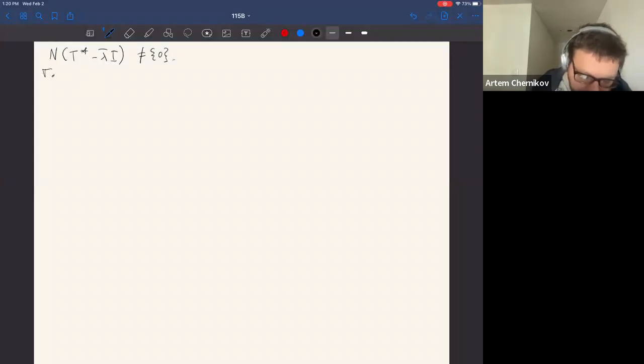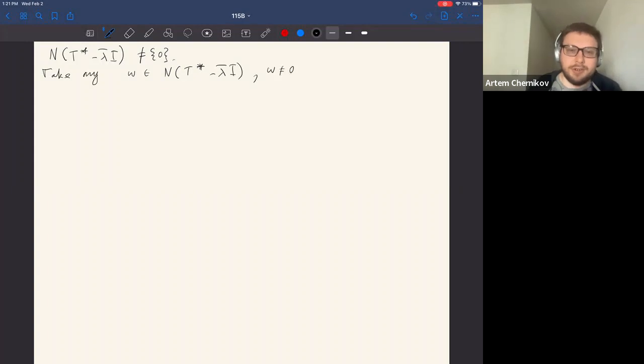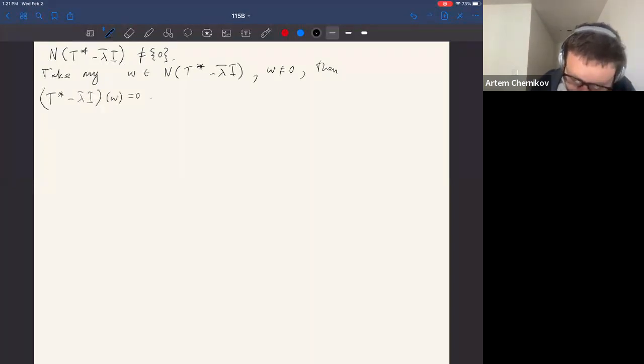So take any w in the null space which is non-zero. We just obtained that it exists. Then T star minus lambda bar I applied to w is equal to 0. What does it mean? This means that T star of w is equal to lambda bar times w.